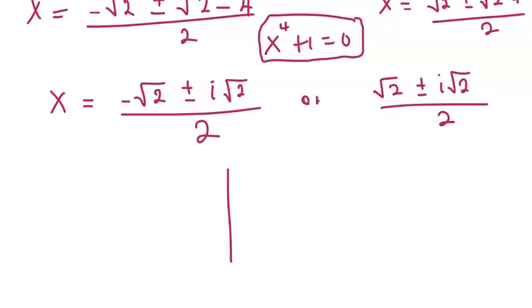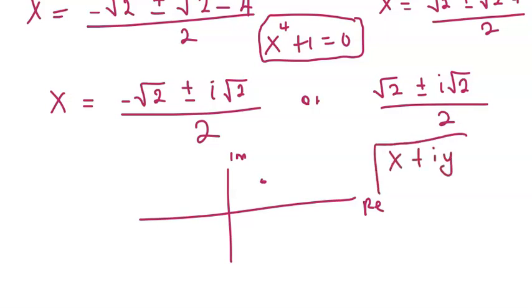Okay, so here we have the complex plane. So we have the imaginary here, which is the y-axis, and here we have the real, which is the x-axis, right? So we should know that the fourth root of negative 1 should be located at the first quadrant here. And we know at the first quadrant here, both x and y, they are both positive. Remember that this is in the form x plus i times y.